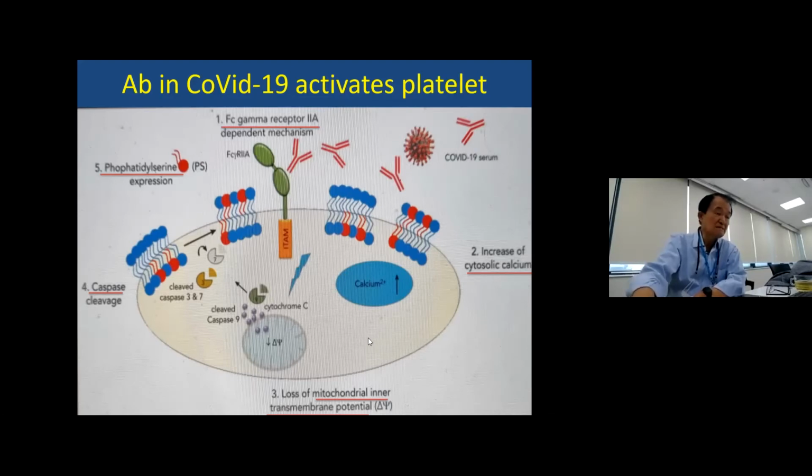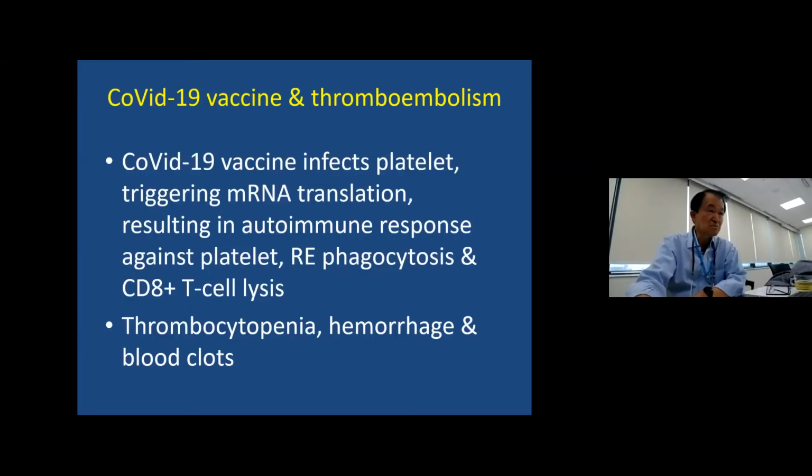Particularly the adenovirus vaccine directly damages platelets, but the messenger RNA vaccine also possibly produces thrombosis because of antibody activating platelets. So this is a potential mechanistic explanation, but we need more data. Clinically, thrombocytopenia, hemorrhage, blood clots, etc.